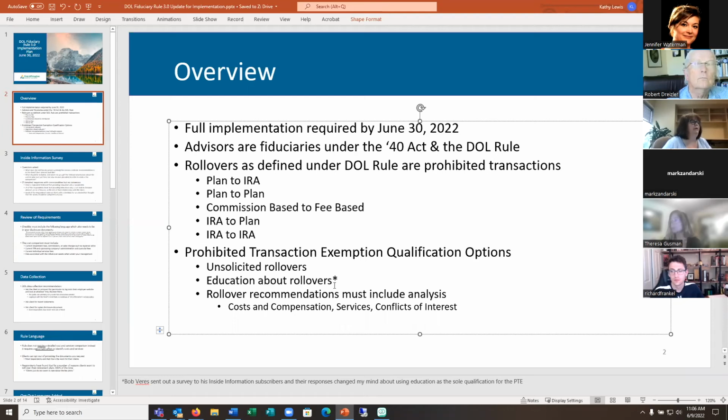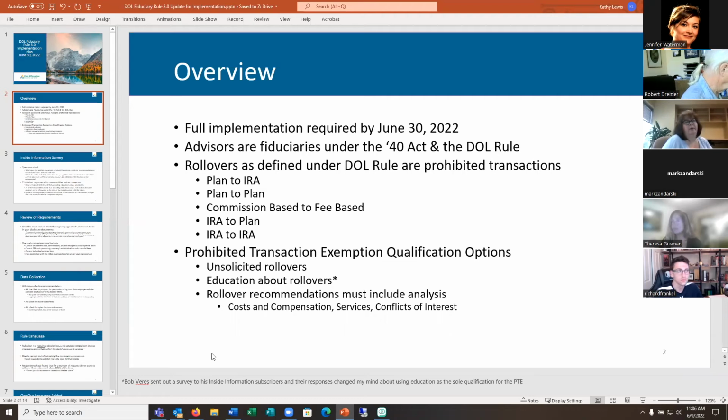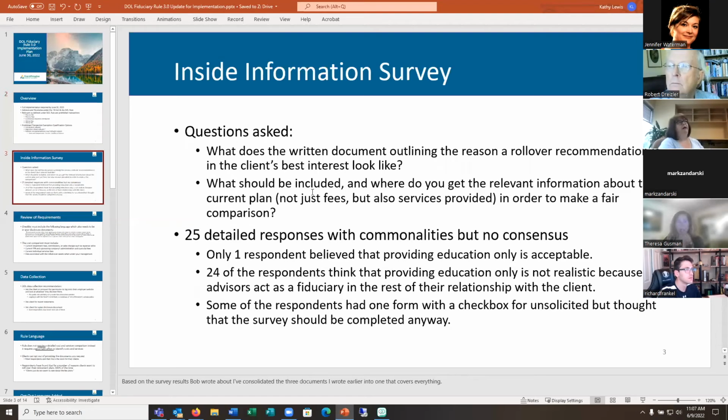Now, the asterisk here is related to a survey that Bob Veras did of the subscribers of his magazine, Inside Information. And they believe, and have changed my mind with what they discussed, that providing educational materials is not enough to meet this exemption. So Bob asked two questions in his survey. One was, what should the document look like? And the second was, what should it include? So he had 25 very detailed responses, and some of them were commonalities, but there was no consensus on any of the points.